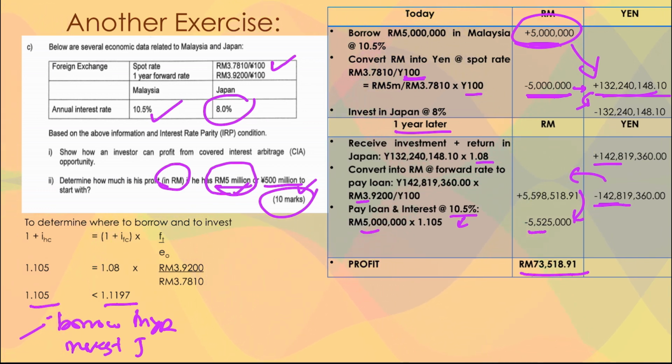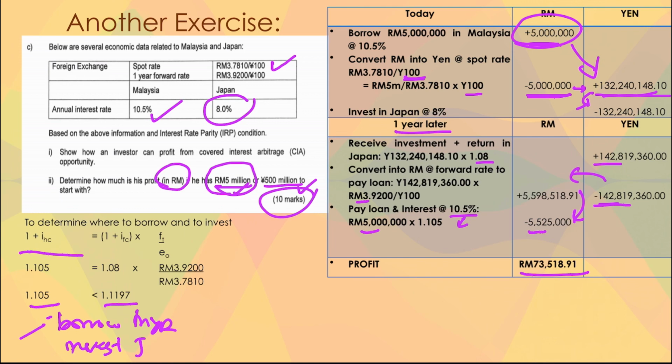Let me repeat. Remember, first you have to know whether CIA exists or not. So you have to calculate the difference of the spot rate and forward rate, and also the difference of interest rates. If the values are not equal, CIA exists, and then you have to determine where to borrow and to invest.